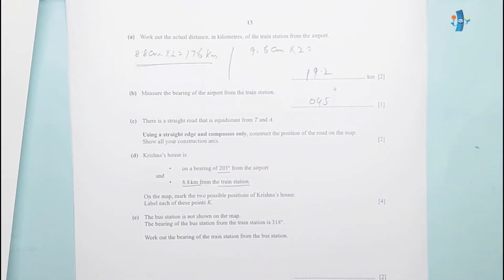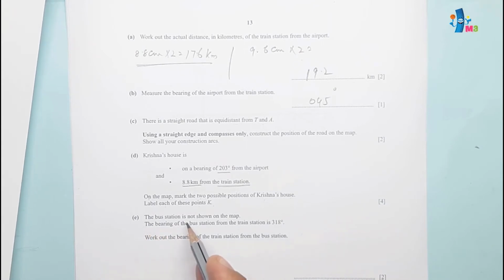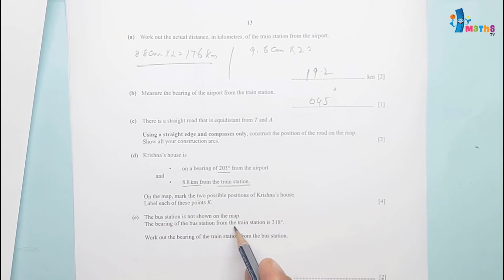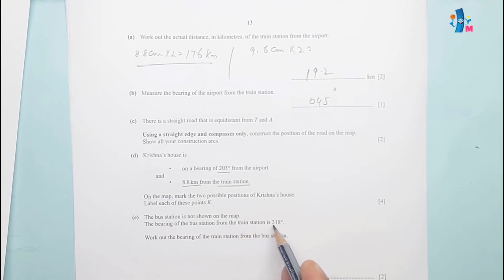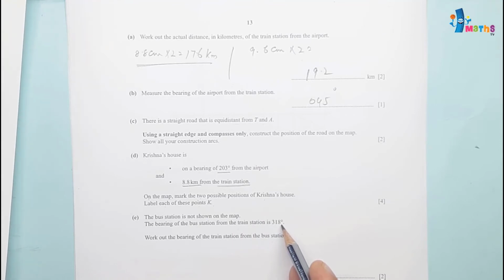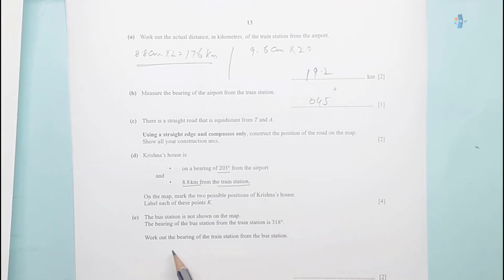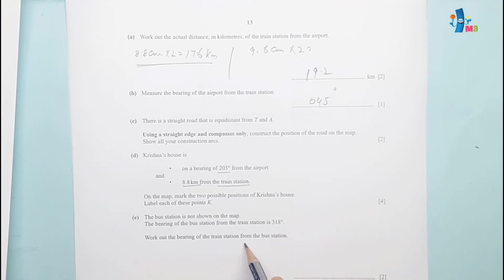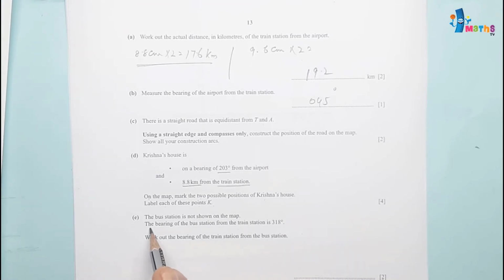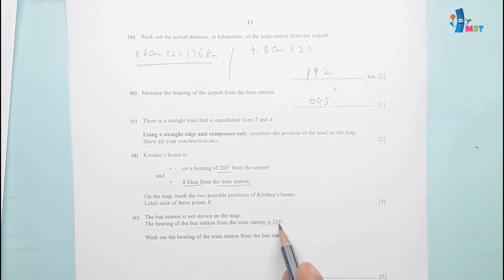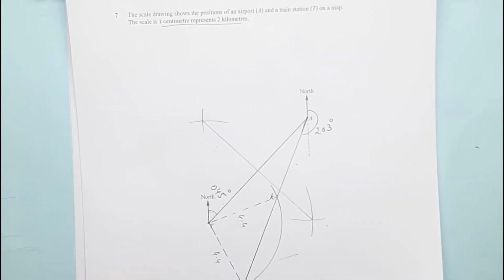And the bus station is not shown on the map. The bearing of the bus station from the train station is 318. Work out the bearing of the train station from the bus station. Okay, first we'll have to find the bearing of the bus station from the train station, which is 318.